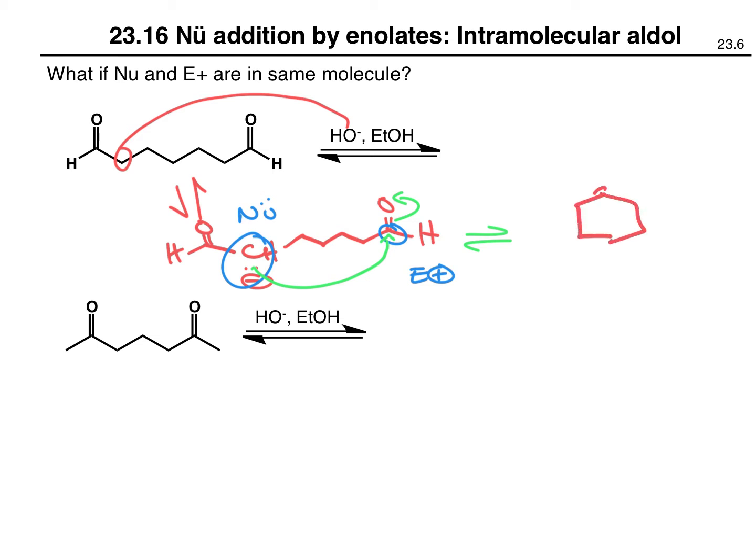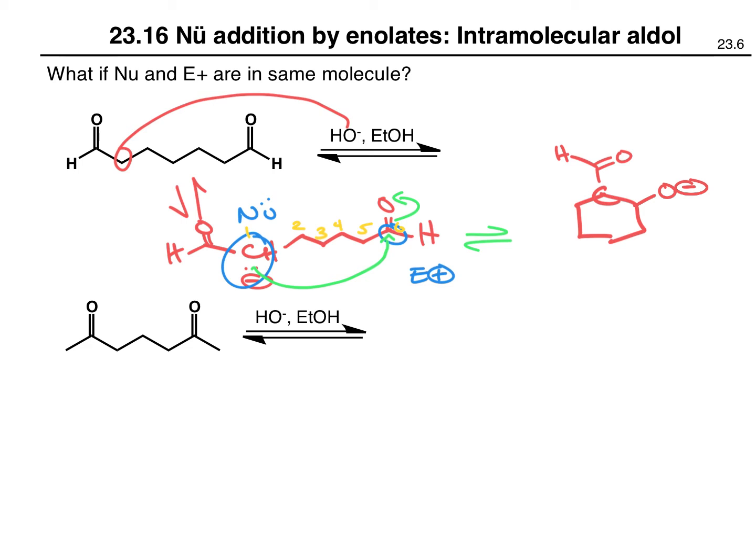So we have our six-membered ring. Let's say this is the carbon that was the nucleophile. So this is still connected to the aldehyde, and it's connected to one hydrogen. And then that is connected to a CH2, CH2, CH2, CH2, and then this is the O minus. Let's call this carbon 1, 2, 3, 4, 5, and 6.